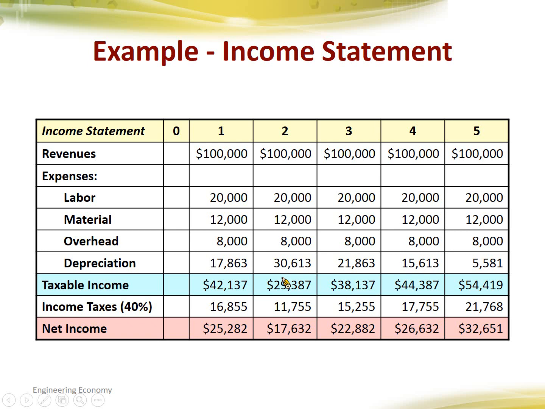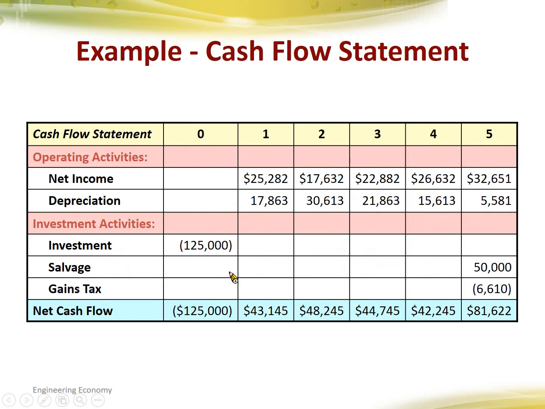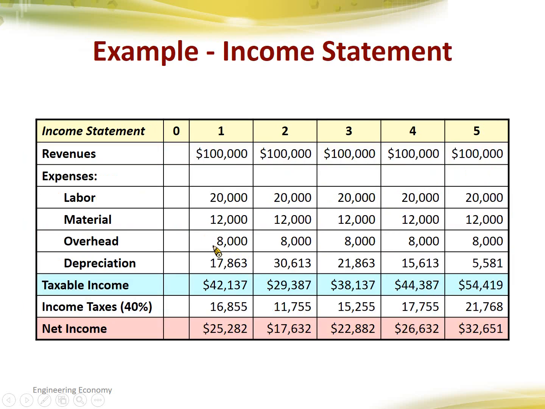Then we can look at the cash flow statement. We'll take net income from the previous statement. Right? So these five values, if you compare, come from the bottom. These five values.